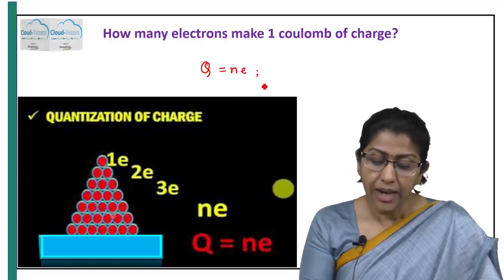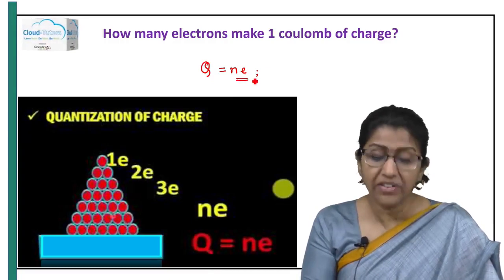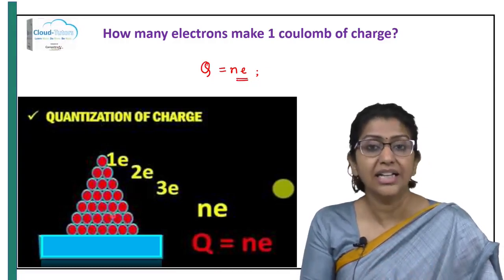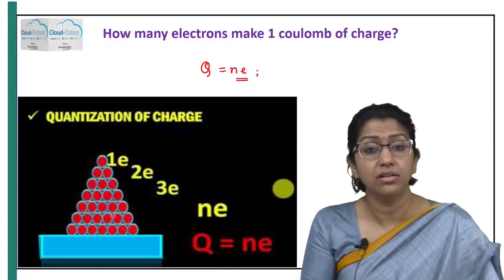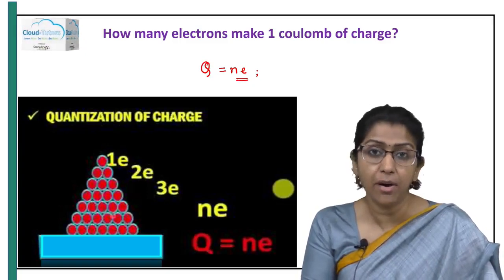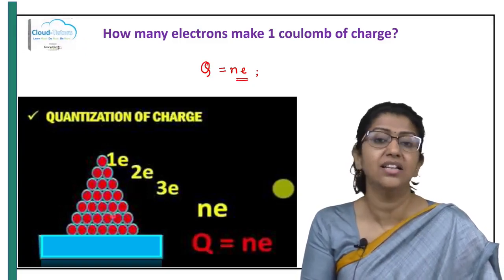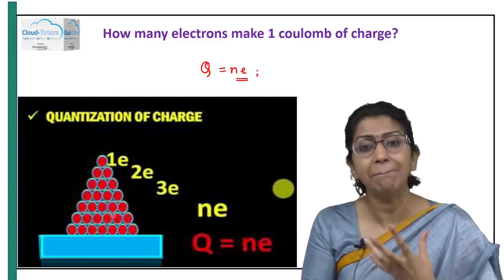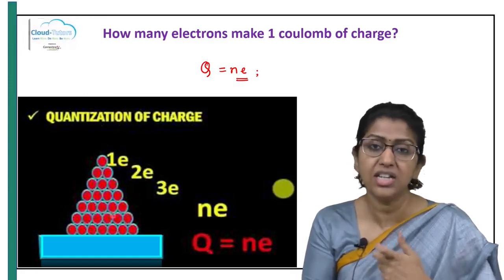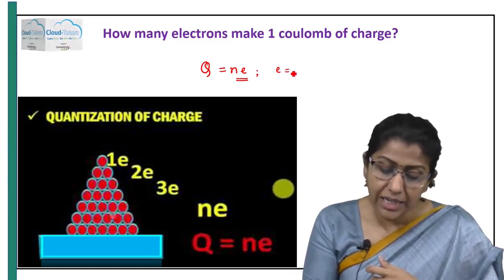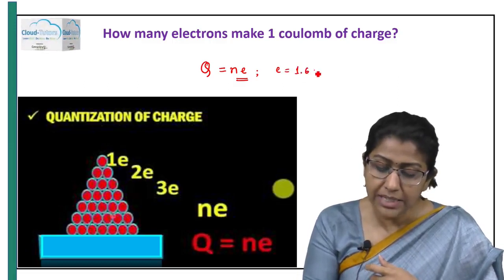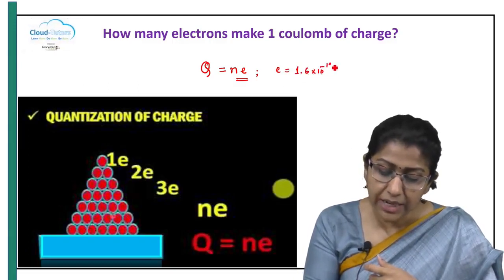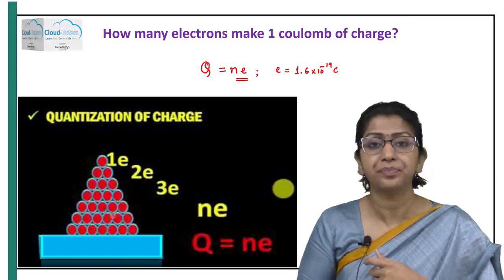Now, just because we are calculating the amount of charge contained by a particular object, we will not be considering the negative or positive polarity here. We are just sticking with the magnitude of the electron charge, that is E is equal to 1.6 into 10 raised to minus 19 coulombs.